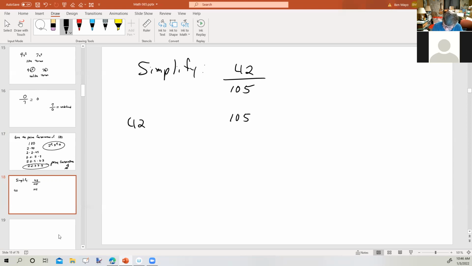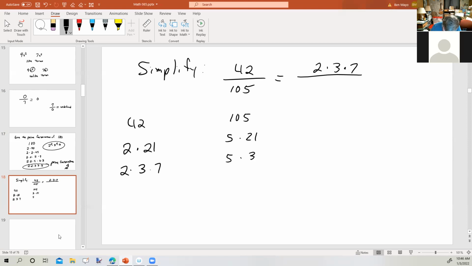the numerator and the denominator. 42 is 2 times 21, which is 2 times 3 times 7. So there's the prime factorization, because 2, 3, and 7 are all primes. 105 is 5 times 21, which is 5 times 3 times 7, or 3 times 5 times 7.